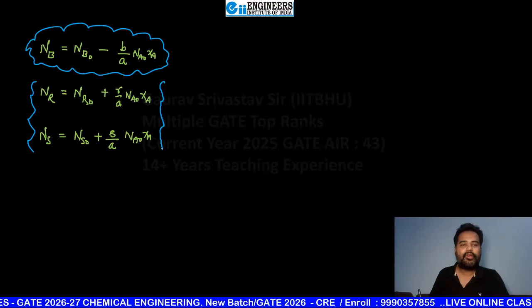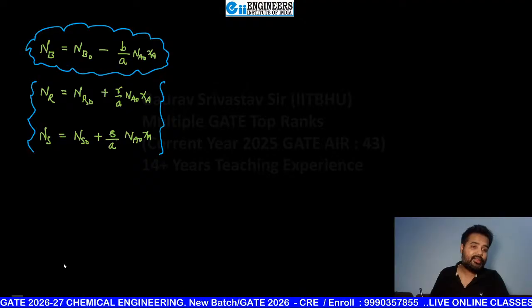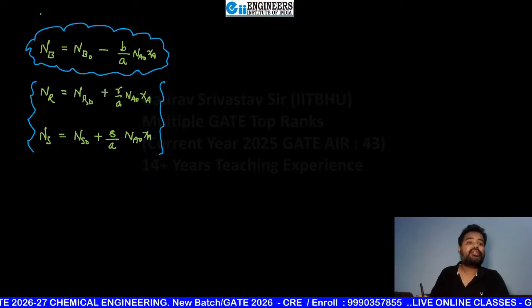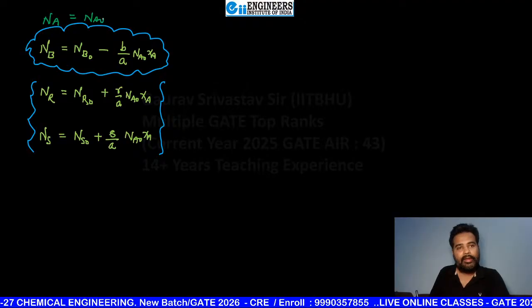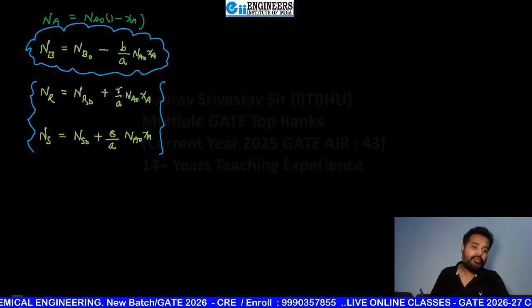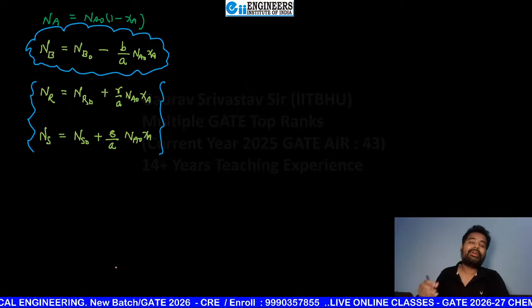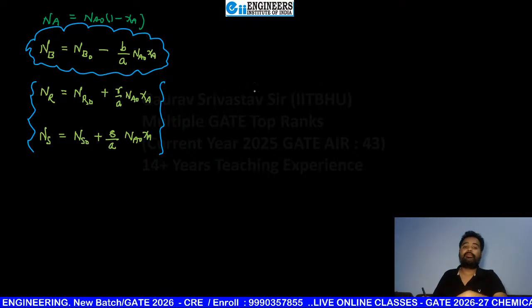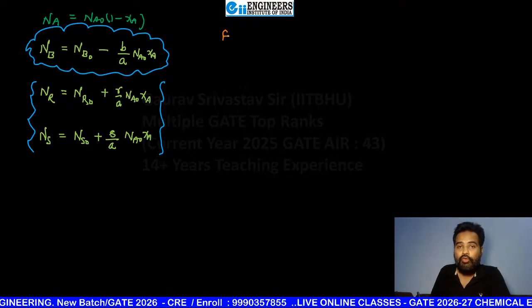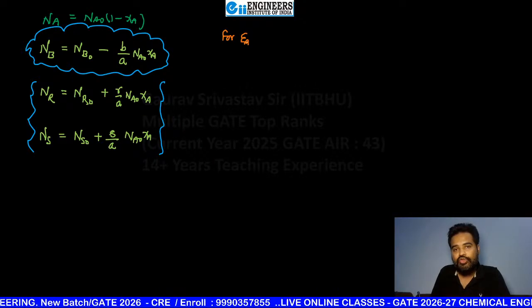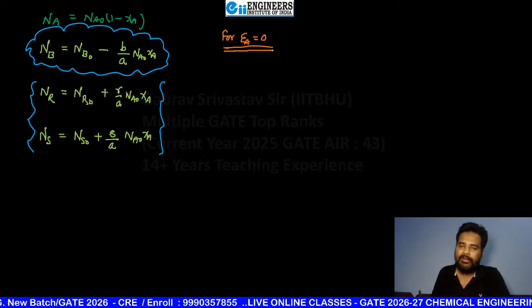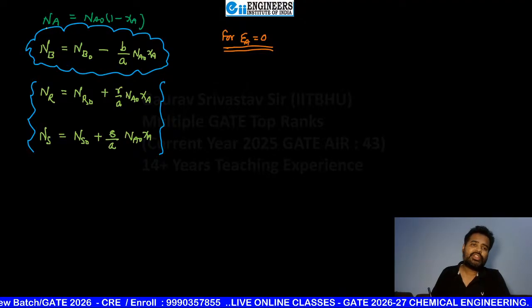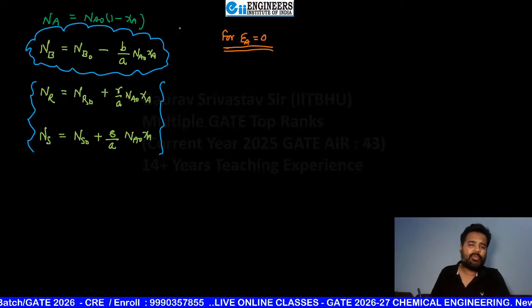Okay, so this is N. You got NA, and that was equal to NA naught (1 minus XA), and so on. Now if you want to convert them in terms of concentration, then please don't forget to mention epsilon A equals 0, that is for a constant density system, the simple system that we are dealing with. Okay, so just divide by V, and V equals V naught.